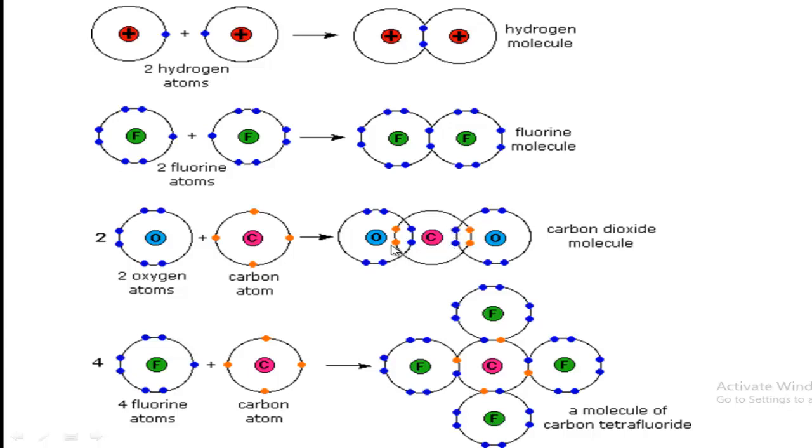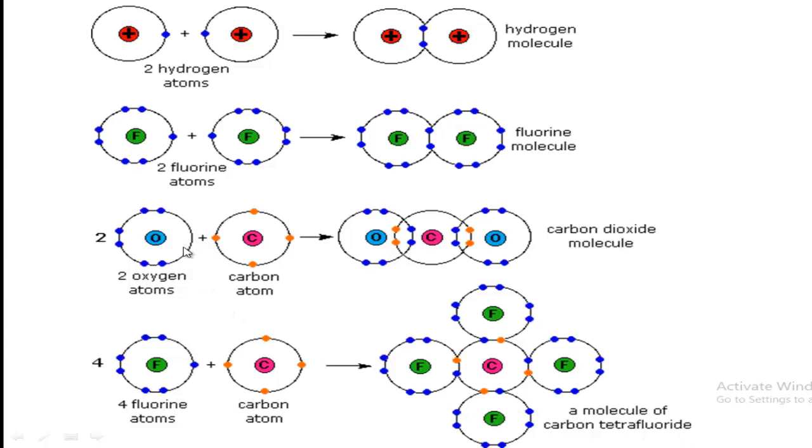This way, on both sides of the carbon atom a covalent bond is formed, and the carbon dioxide molecule is formed. Now here 4 fluorine atoms share 1 electron each with the 4 electrons of 1 carbon atom, and they form a covalent molecule, carbon tetrafluoride.